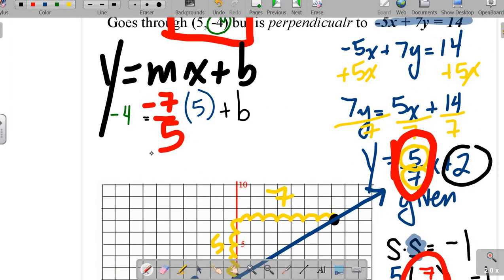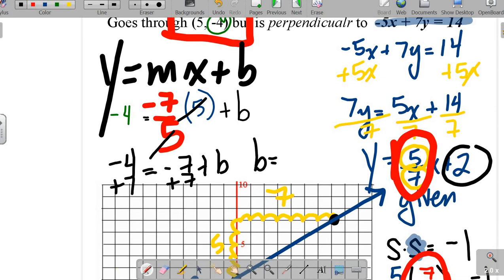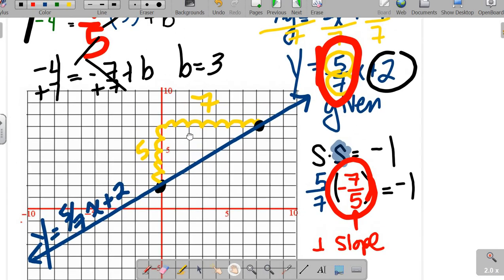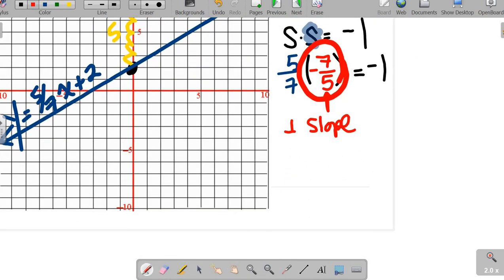So we solve. These 5s cancel. We end up with -4 equals -7 plus b. Add 7 to both sides, and we end up with our y-intercept being +3. So our perpendicular line meeting these conditions has a slope of -7/5, so y equals -7/5 x, and a y-intercept of +3.